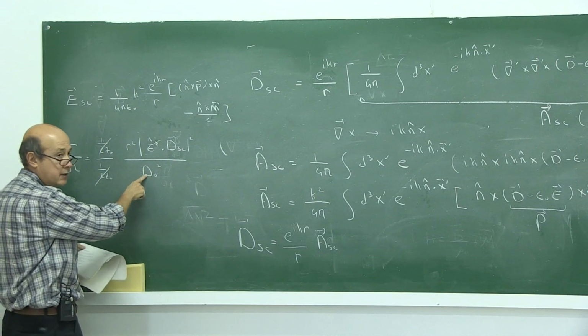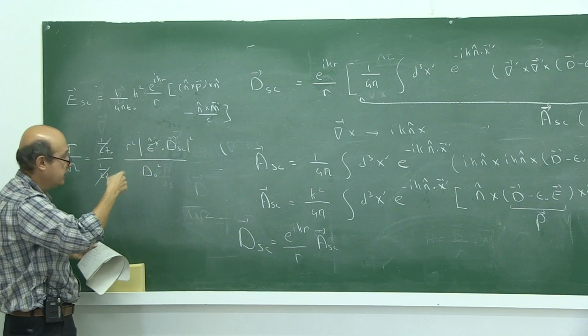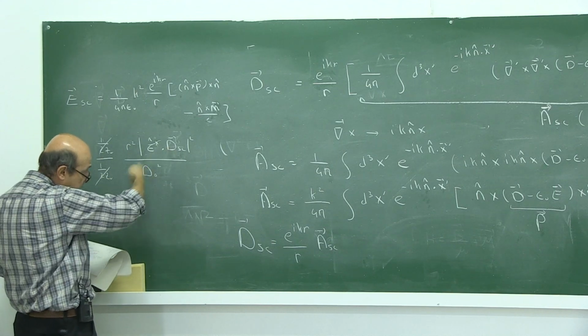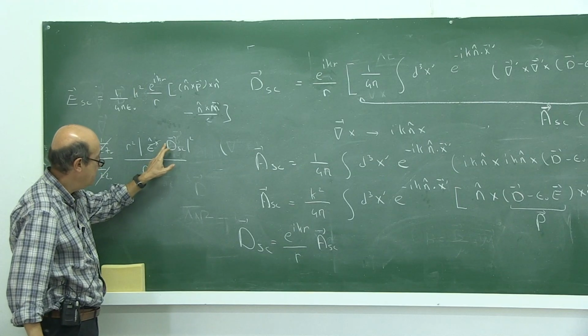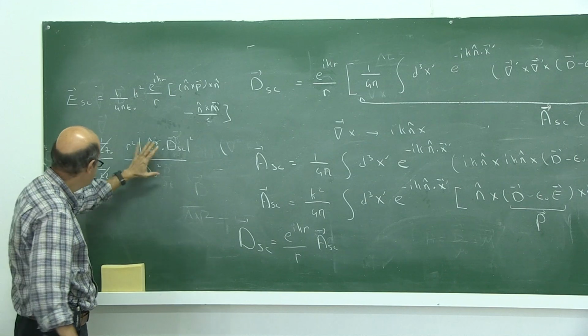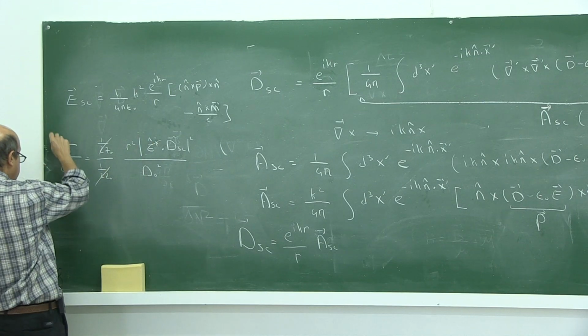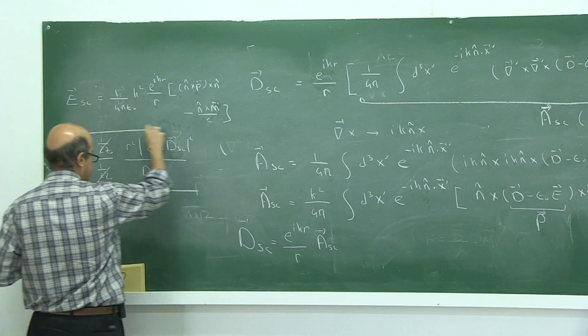This is the unscattered incident electric displacement. This is the scattered electric displacement. If you write in electric fields, that is easy because you write this as epsilon E, and the epsilons will be cancelled out. So this is the form of the scattering cross-section per solid angle.